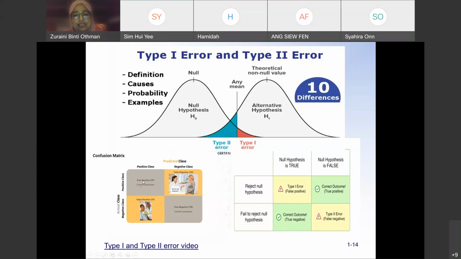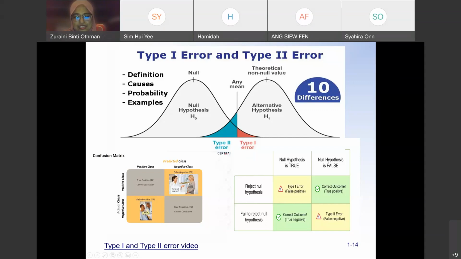If a pregnant lady comes to the clinic, then the doctor diagnoses that she is pregnant. So it is true positive because that lady is already pregnant and the diagnosis is that she's pregnant. But this is what we call false negative: the pregnant lady is diagnosed as not pregnant. This is what we call a false negative.